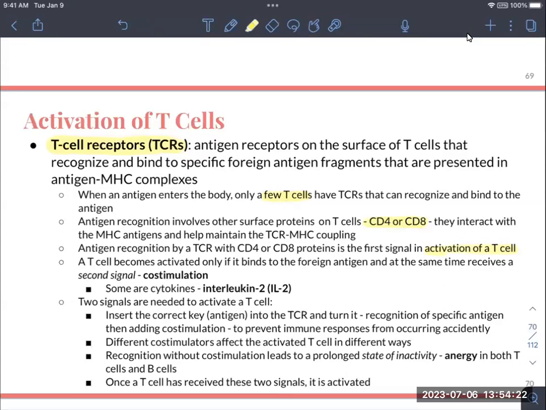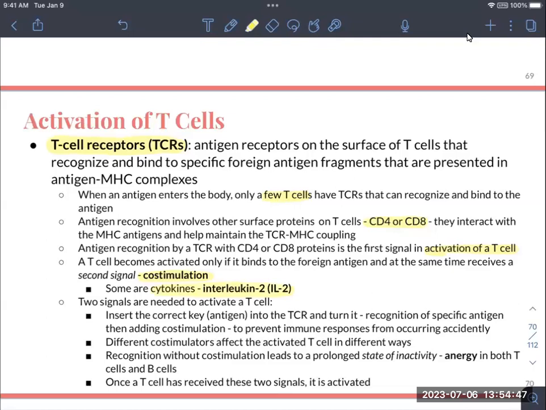When it becomes activated, it's only going to get activated if it can bind to that antigen in the right way. That causes co-stimulation. So those cytokines, interleukin 2, can get activated.